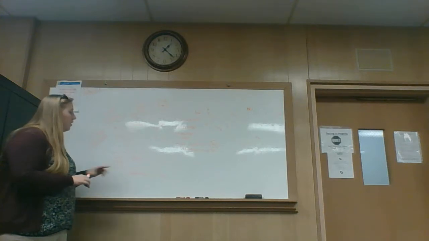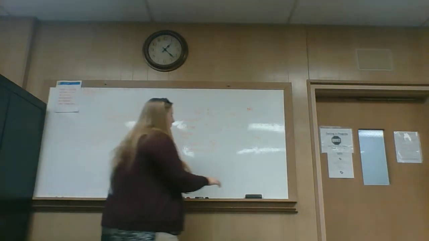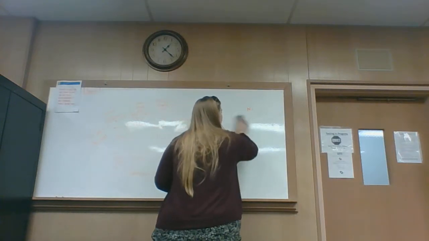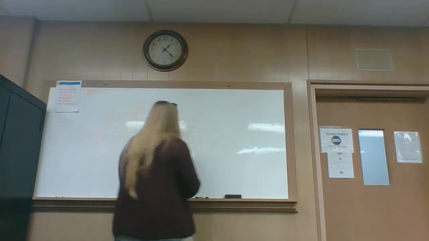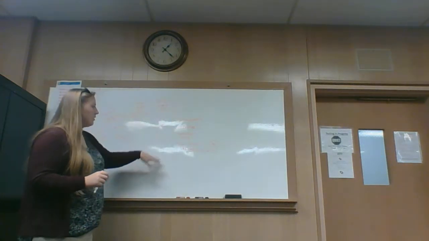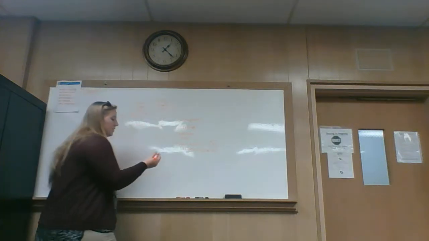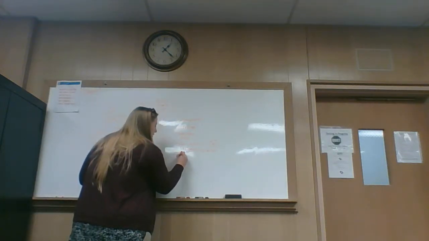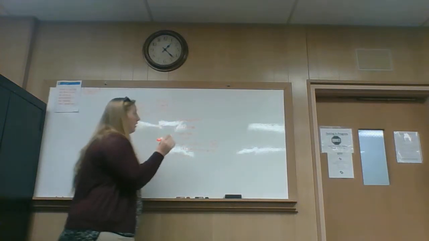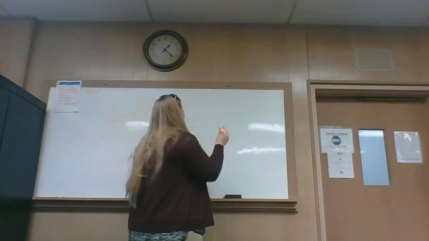Okay. So SN1. The biggest difference, or one of the big differences, is that instead of these being concerted, these are considered stepwise. So there's 2 steps in these reactions. Okay? The first step is the same for both.